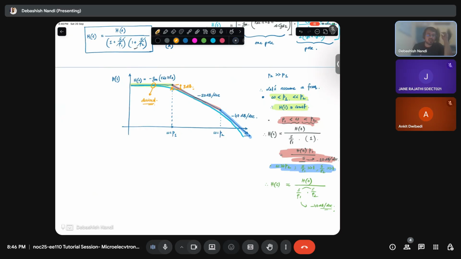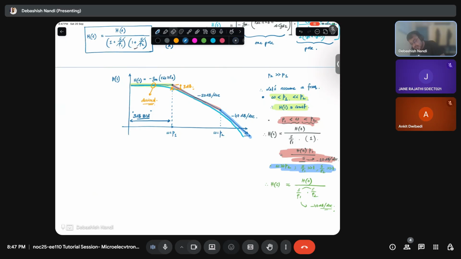Because when pole 1 is hit, beyond that your gain drops drastically at minus 20 dB per decade of slope. We may not even reach up to pole 2. The gain is so dropped that this can no longer be used as an amplifier. So to calculate the bandwidth I will consider only this, because this is ultimately giving my 3 dB bandwidth.